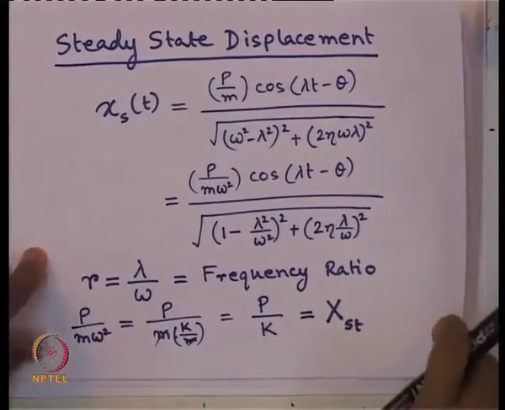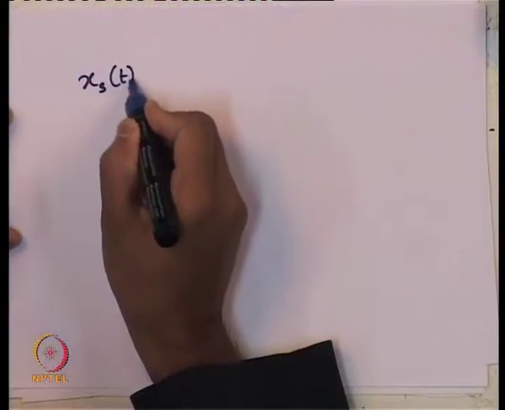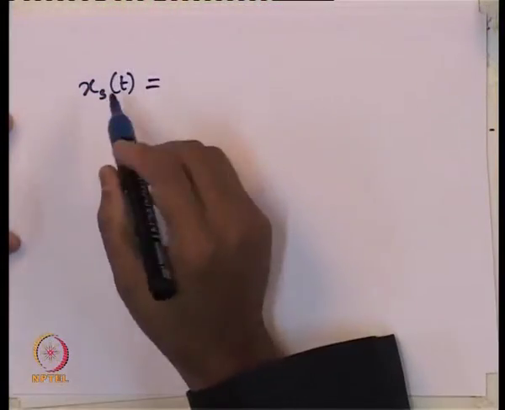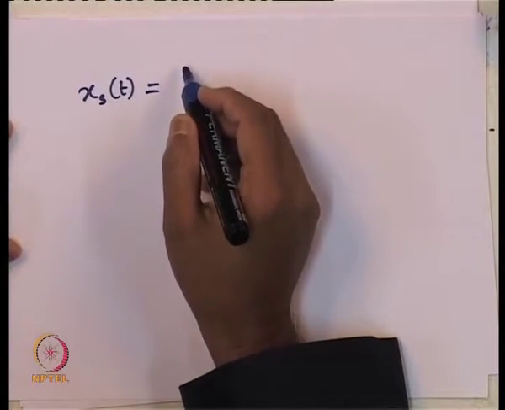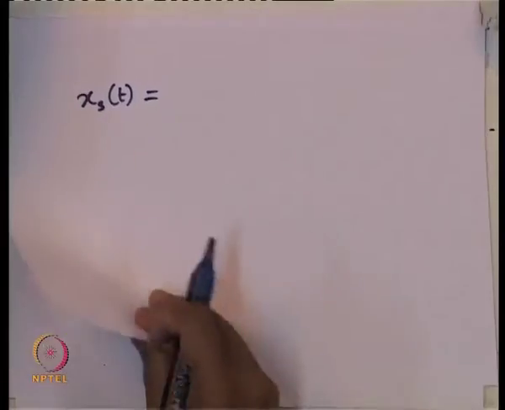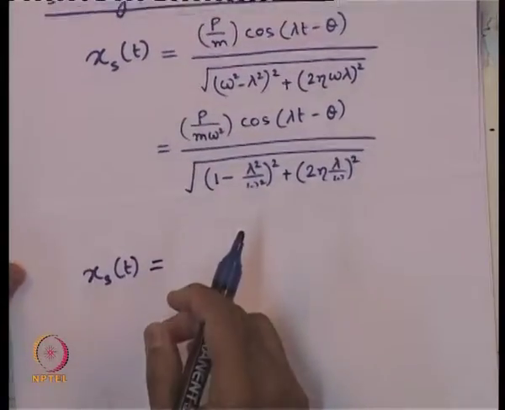Okay. So, let us look back again at this expression we are getting. So, x S t, the steady state displacement, we are writing now this p by m omega square. Let me put this expression here, so it will be easy for us to follow.